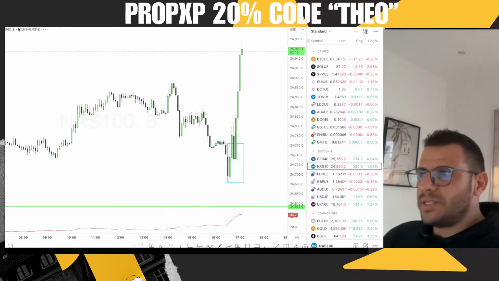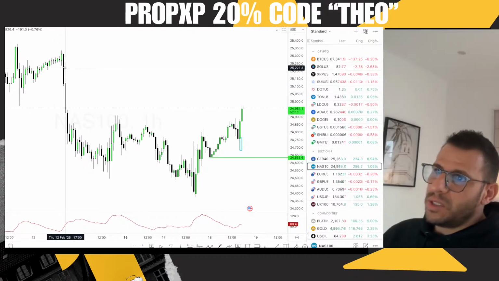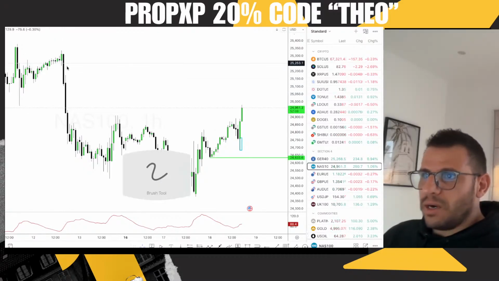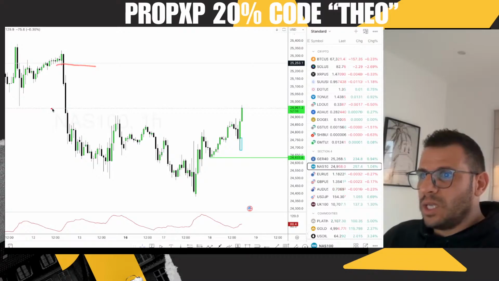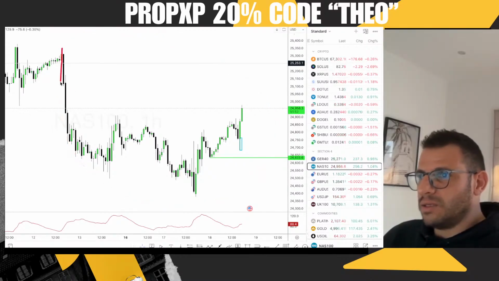And why I see it as a more bullish market than bearish is because this area here is what we call a low volume area. So the shape of the market profile here goes like that.